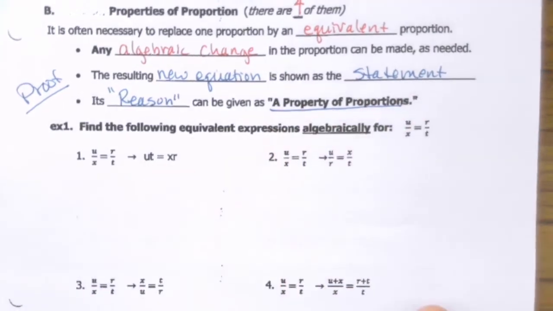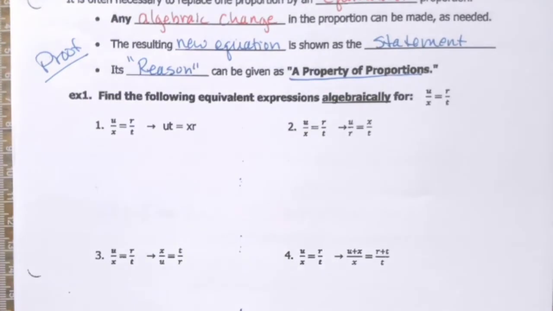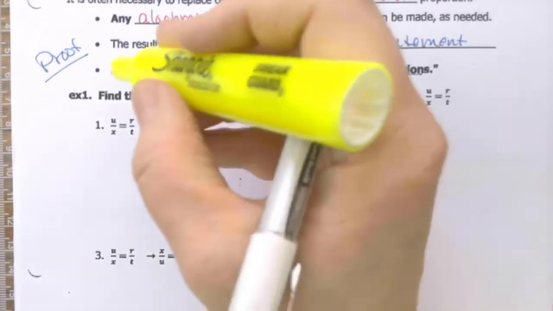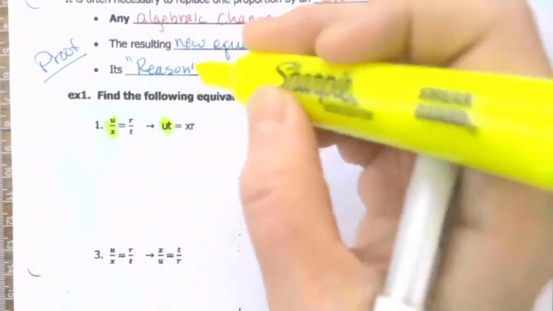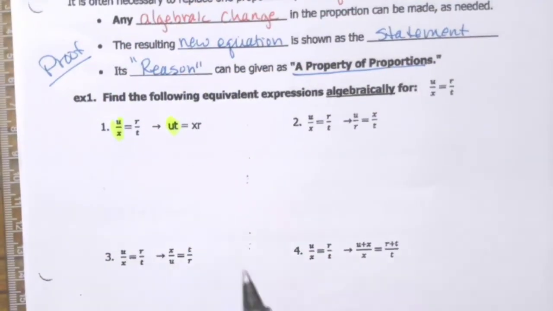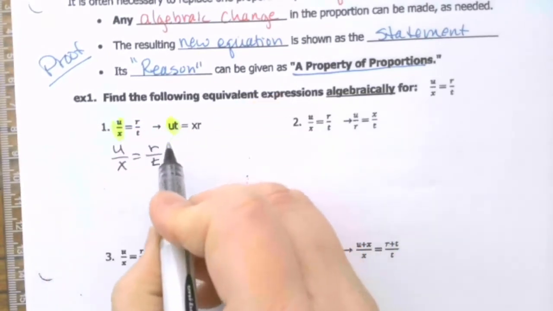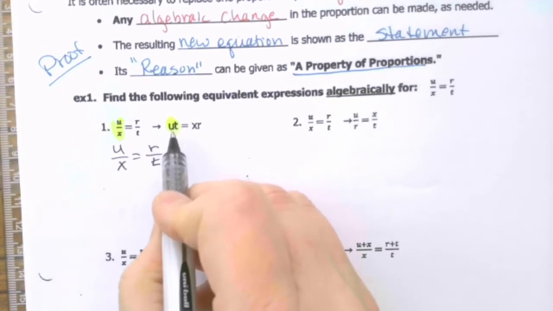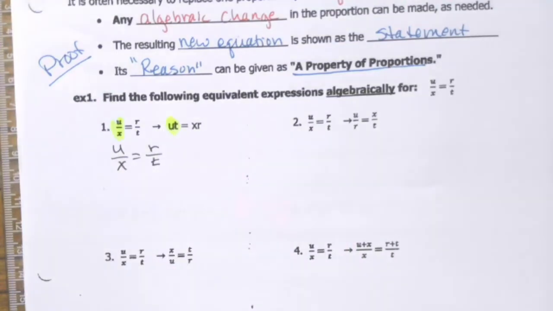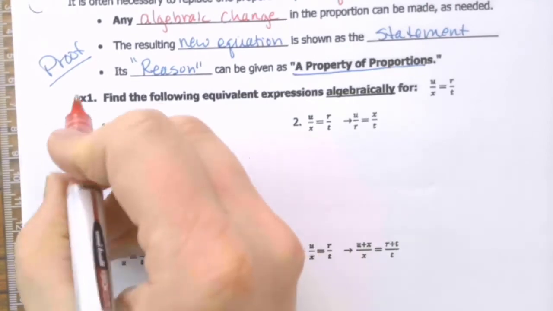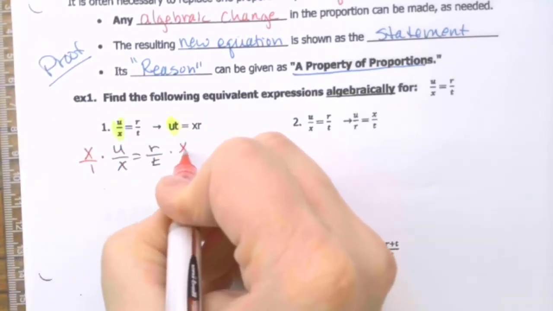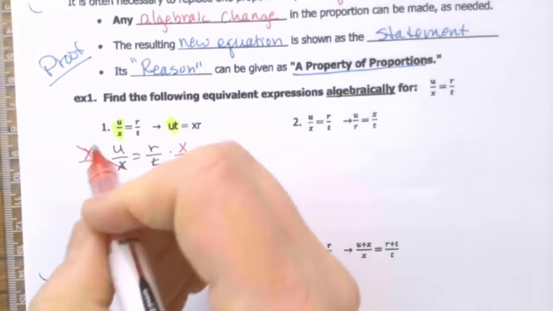Okay, so here are our 4 basic properties, and I'm going to show you how to get to them algebraically so that if you don't have them memorized, you know how to get there. Okay, so u over x equals r over t. I want the u over x to be u times t. So let me write this a little bigger. U over x equals r over t. I need to get rid of the x because there's nothing under that one. So to get rid of the x, multiply by the reciprocal, x over 1, on both sides.